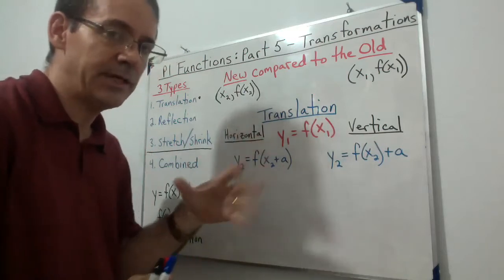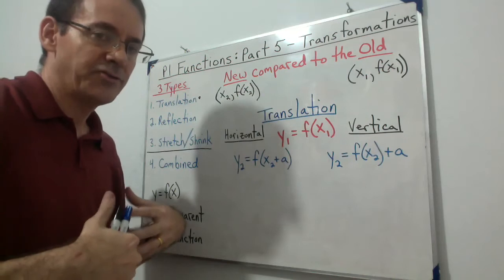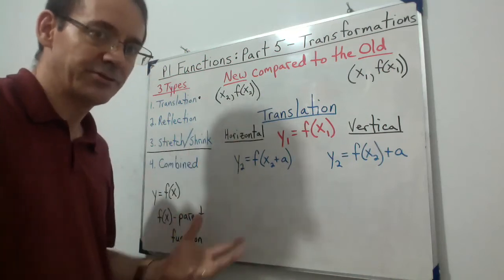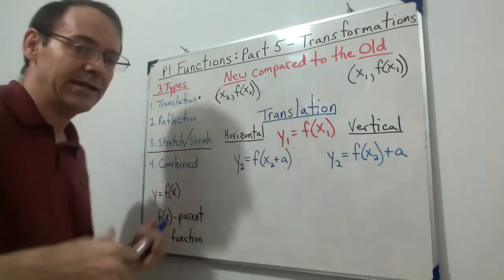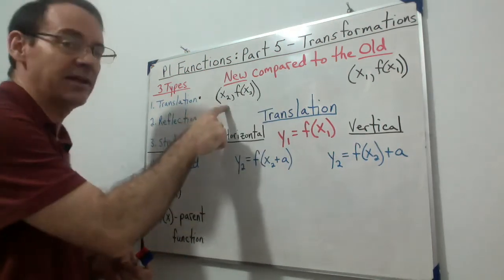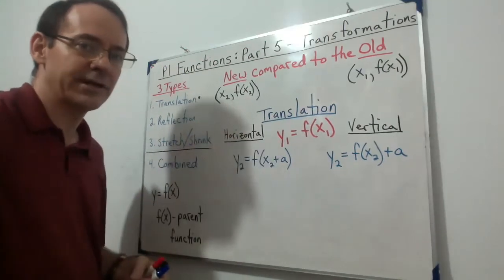That's going to be kind of our guiding principle to help us visualize what's going on here. So if we look at it with respect to a coordinate, we're going to have the x coordinate and we're going to have the y coordinate.